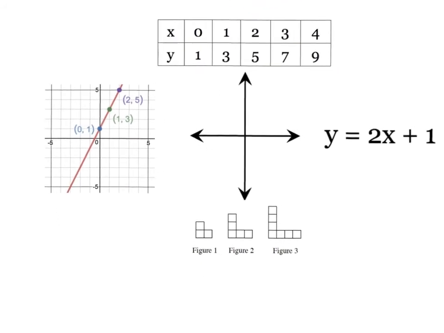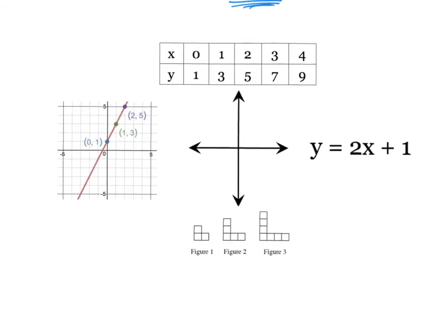One last example. At the bottom, you'll see some tile figures, we call them. And this is just another way to represent a linear situation. So if you count these tiles, notice there's 3 tiles in figure 1, there's 5 tiles in figure 2, there's 7 tiles in figure 3. Okay, so notice figure 1 has 3 tiles.